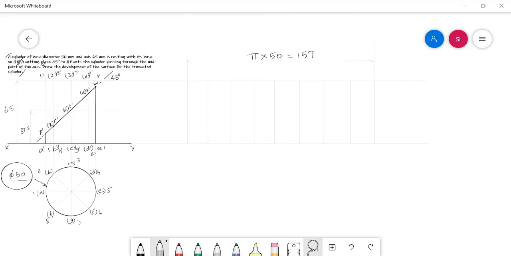Now I am marking the generator points in the base as A, B, C, D, E, F, G, H and ending with A. In the top, 1, 2, 3, 4, 5, 6, 7, 8 and ending with 1.